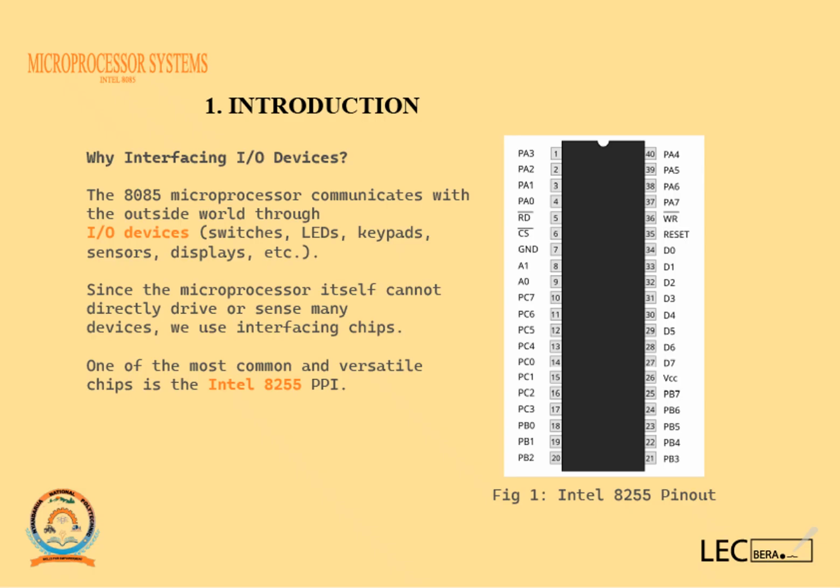We have a diagram here. This is a pinout diagram. You see we have a total of 40 pins. 24 of these pins are for carrying data, and these 24 pins have been grouped into 3 groups, which makes 3 ports.